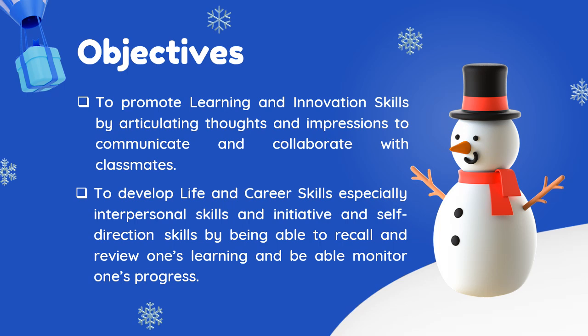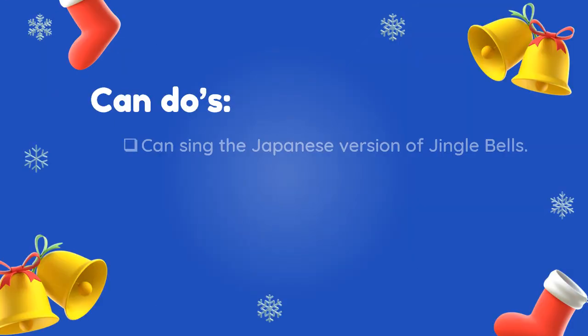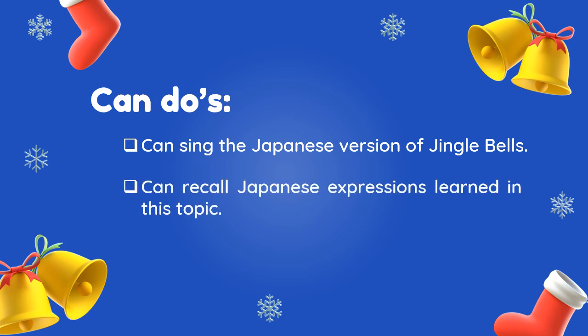They will also develop life and career skills, especially interpersonal skills and initiative and self-direction skills, by being able to recall and review one's learning and monitor one's progress. Language can-do in this session: students can sing the Japanese version of Jingle Bells and they can recall Japanese expressions learned in this topic.